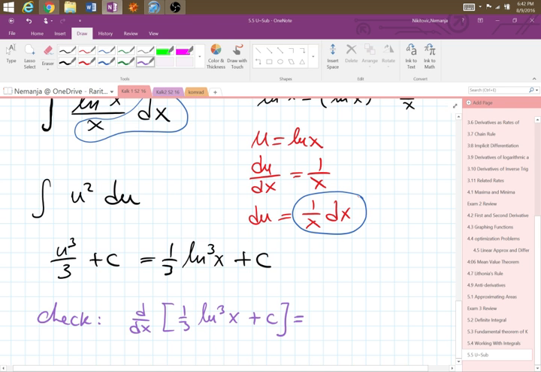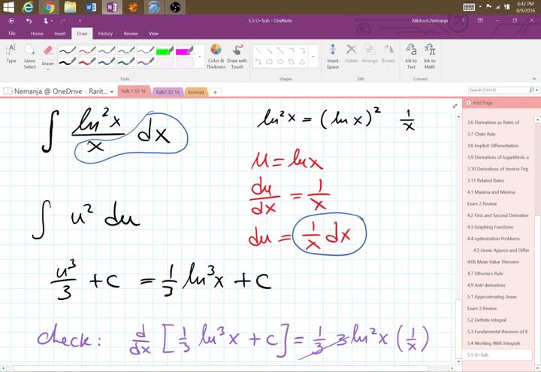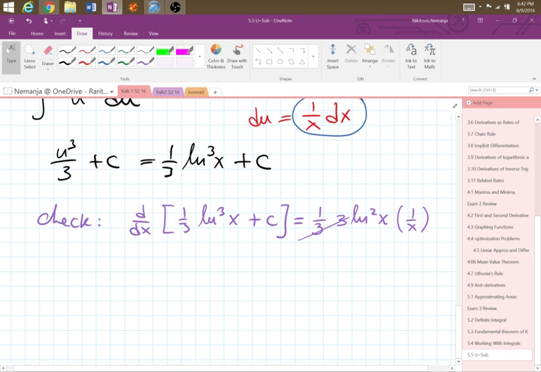Well, we copy the constant, which is 1/3, take the derivative of the cube, which is 3 ln squared x, and then by the chain rule times 1 over x, and the derivative of plus c is 0. These cancel, and you have exactly ln squared x over x, which is what you needed. So it works. This is a good solution because the derivative checked out.